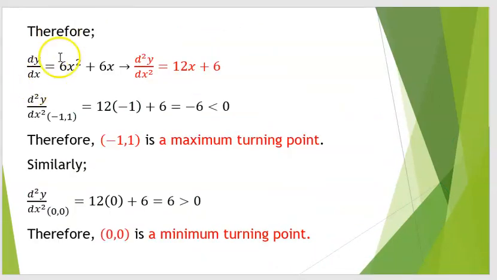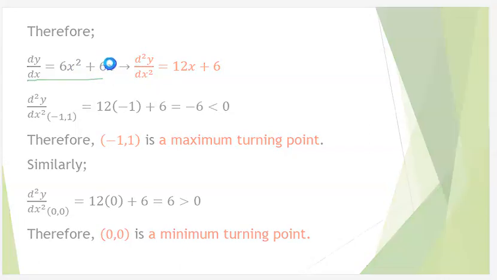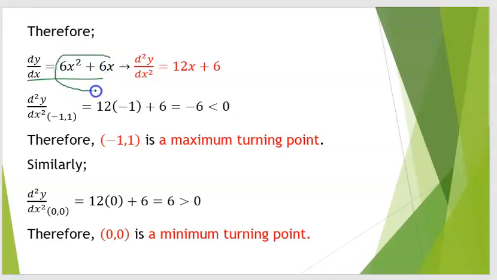So remember this. What we have is the first differential is 6x squared plus 6x. So I want us to differentiate this equation the second time.